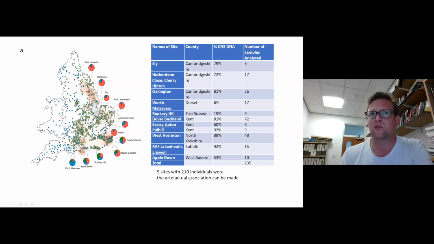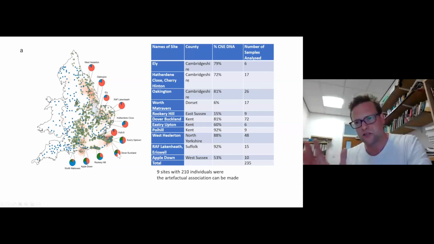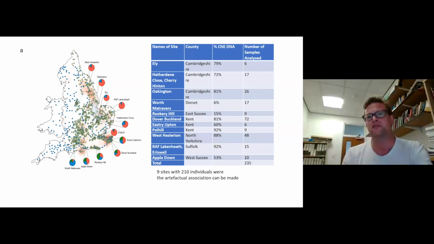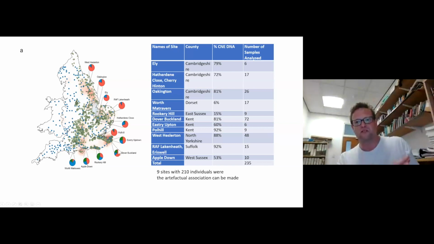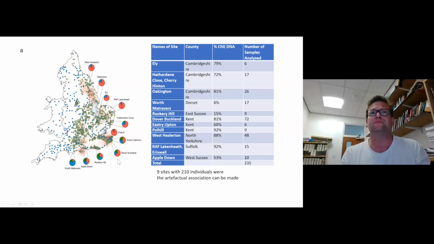It gets more complicated as we move down into the south, where Pole Hill is very similar to that. Okay, but Eastry and Dover, both on the east coast of Kent, have got a mixture. We've got a little bit more Western British Irish DNA, but also French Iron Age DNA.